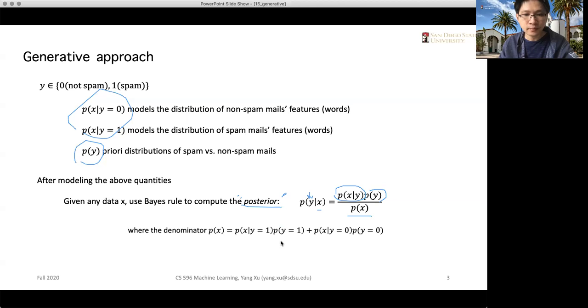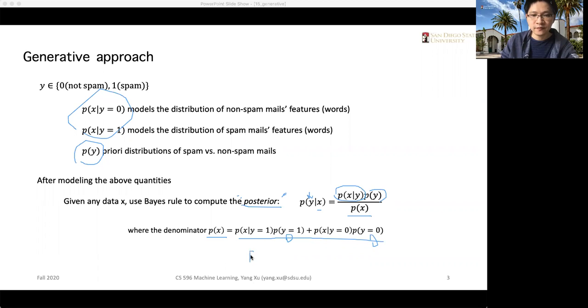Okay. So actually the denominator, which is p of x, we can get an estimate for by enumerating over all possible outcomes. In this case, it's just two outcomes. It's either y equals 1, spam, or non-spam, okay? But if we don't compute p of x, that is also okay, right? Because we just need to know, relatively speaking, which one is bigger.